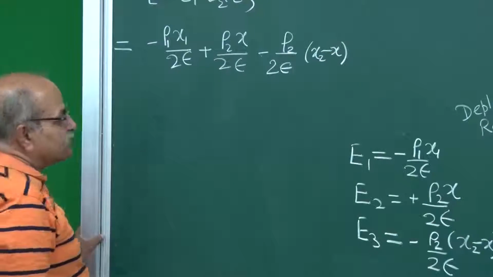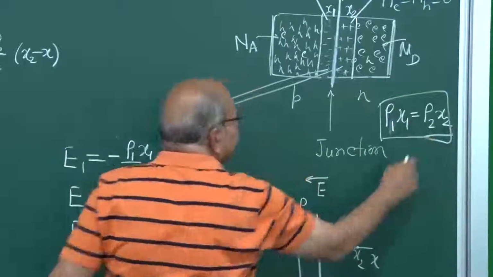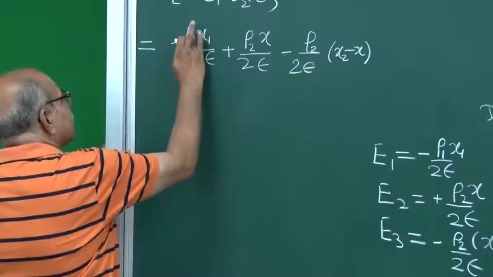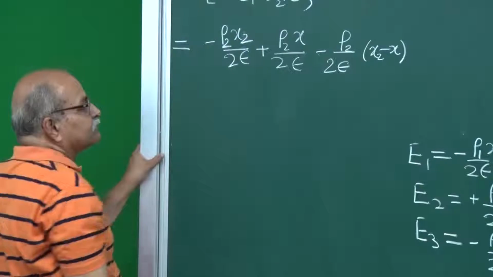And this rho 1 x1 I can write as rho 2 x2 from here. So this is rho 2 x2, so I can just replace it here itself.